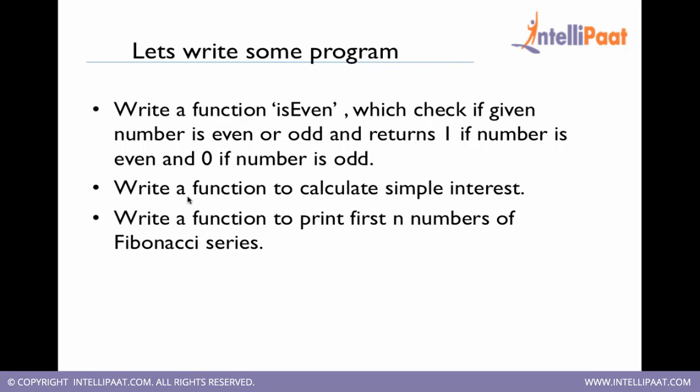Let's do one more example. I'll write a function to calculate the simple interest. So what is the formula for simple interest? For simple interest, it is principal into rate into time by 100.